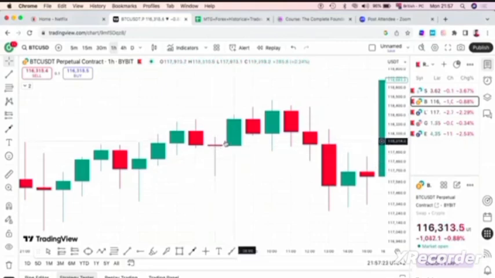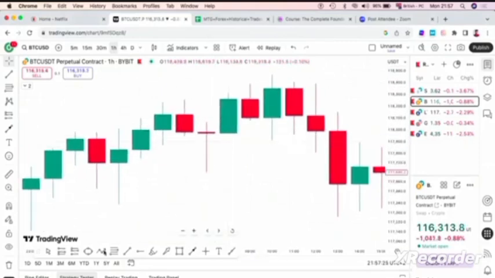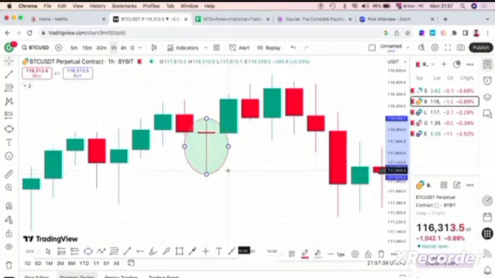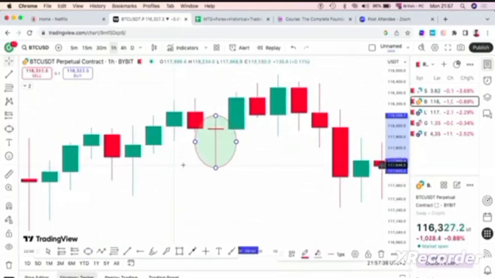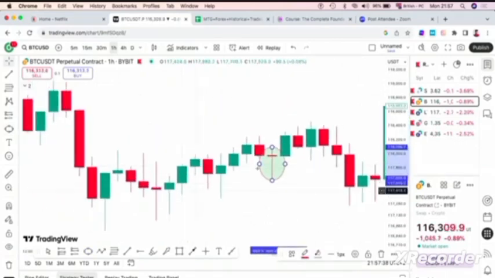This is a doji, and if we do our analysis right, let's first spot the candle. In our opinion this is a doji because it has no body, a weak high and a weak low.